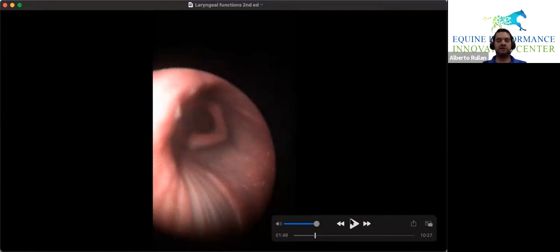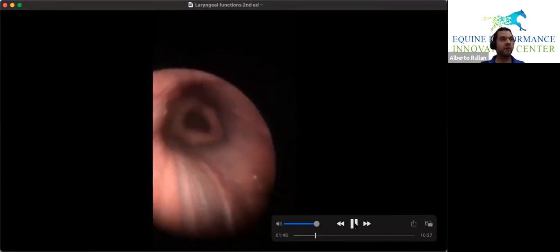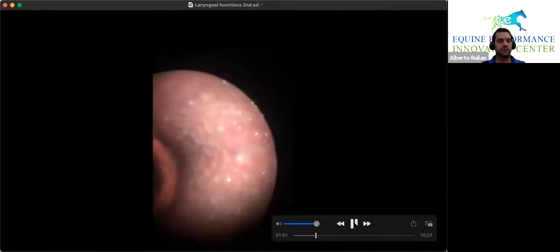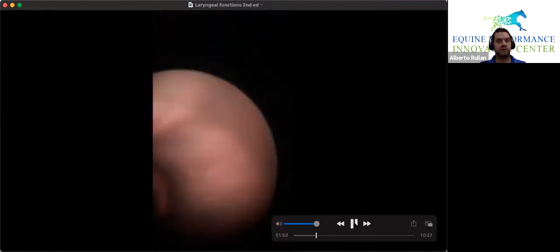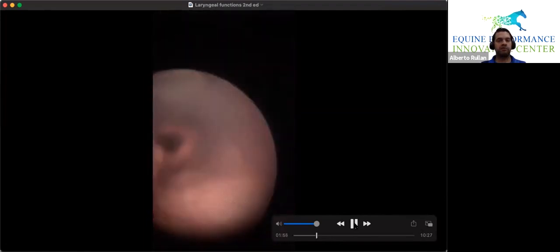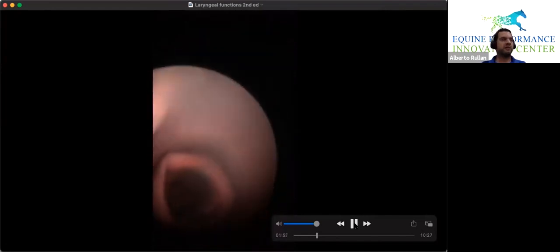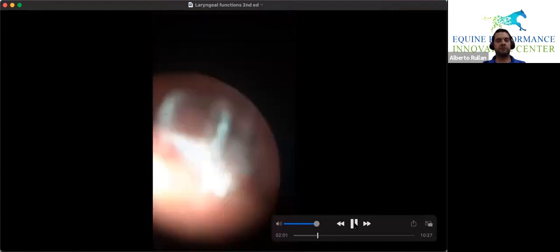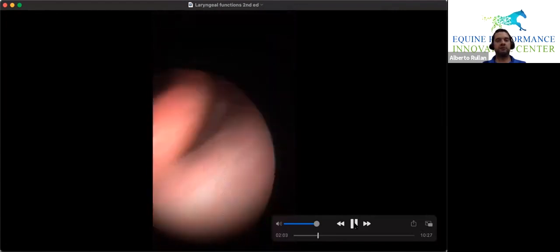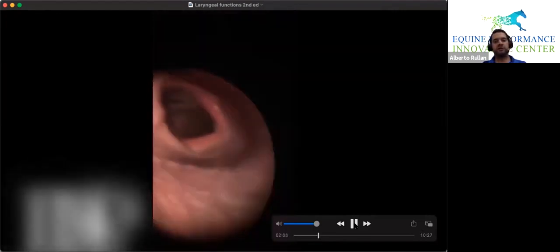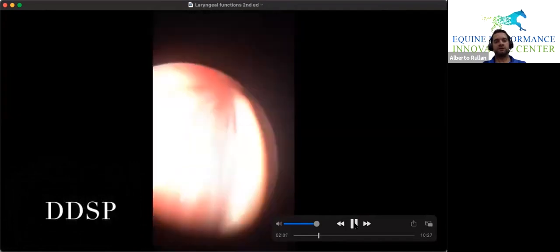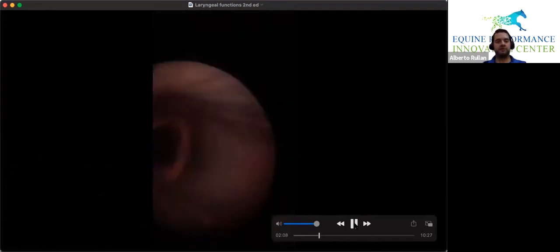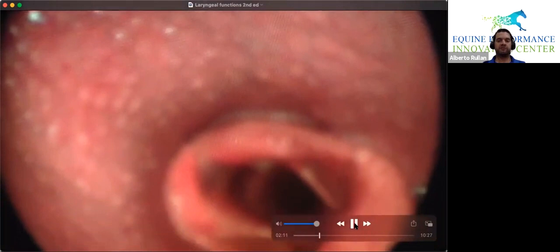These are the ones that end up getting a Llewellyn procedure or a tie forward. The Llewellyn procedure is what they call on the track the myectomy. I try to do anything possible to replace it, and I couldn't, so diagnosed dorsal displacement of the soft palate.